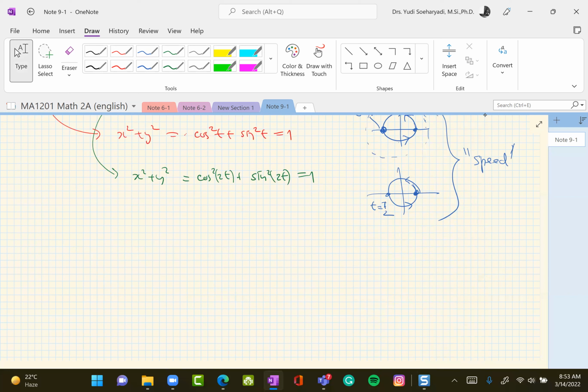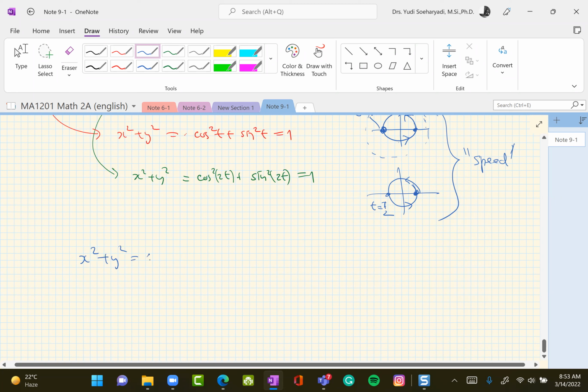So this is the final thing. If you think about x squared plus y squared, this is just a circle of radius 1. But that's it.